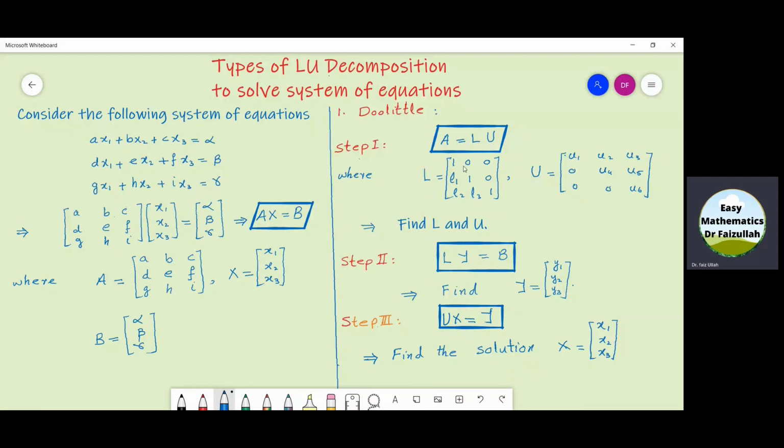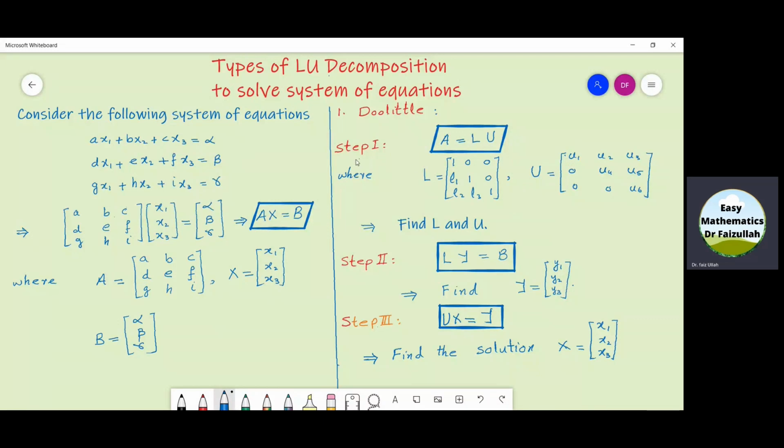This is the lower triangular matrix, but all elements of this lower triangular matrix on the principal diagonal are 1, 1, 1, and U is given by this one. After multiplying L with U and comparing the coefficients or the corresponding elements on both sides, we can get the values L1, L2, L3, and U1 up to U6.